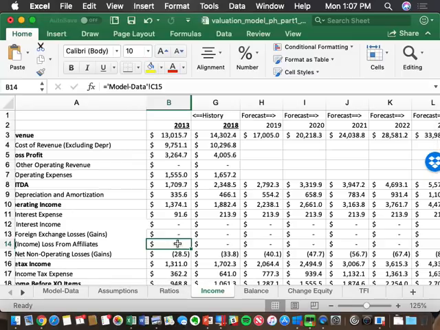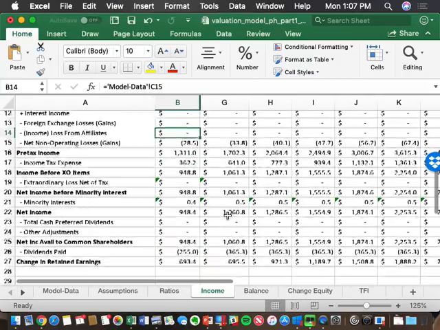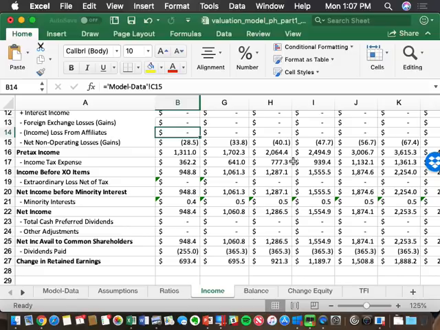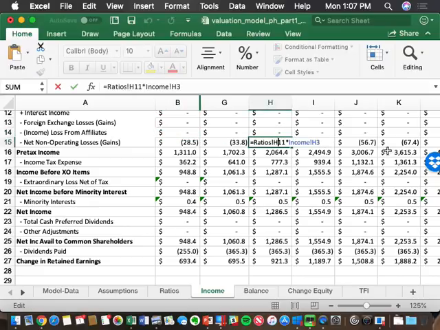Yes, sir. Could you click in on cell H15 for a second? So that was a ratio, H11, which was non-operating gains and losses, times H3, which is 2018 sales.